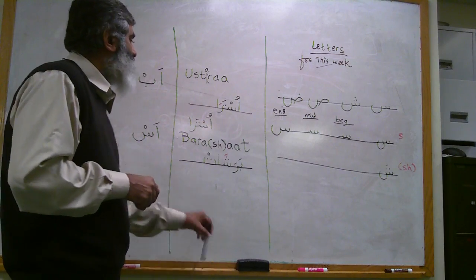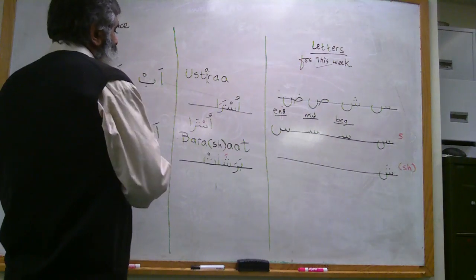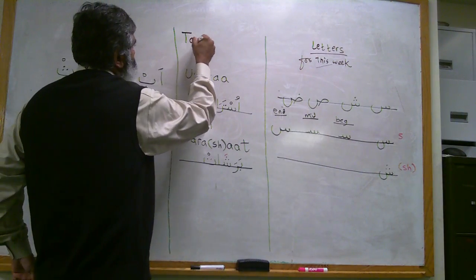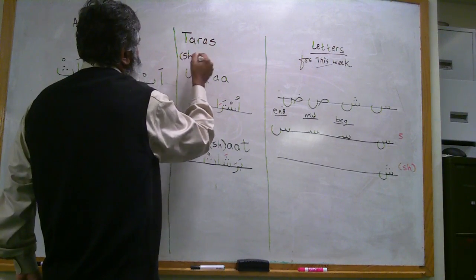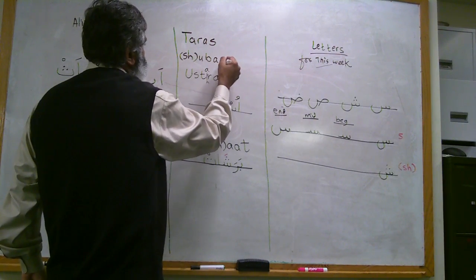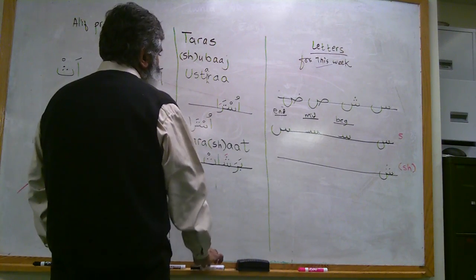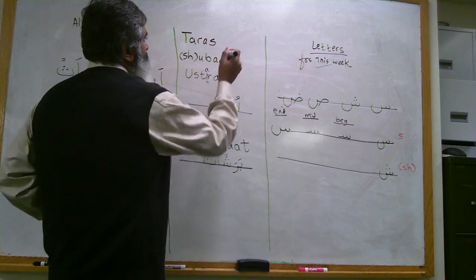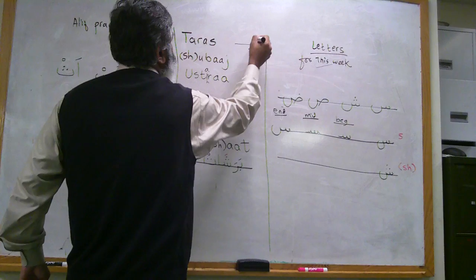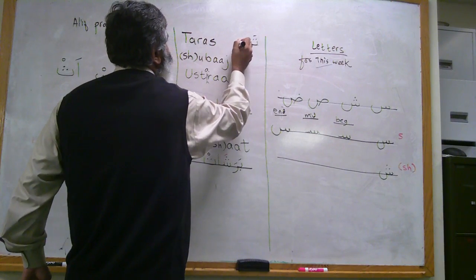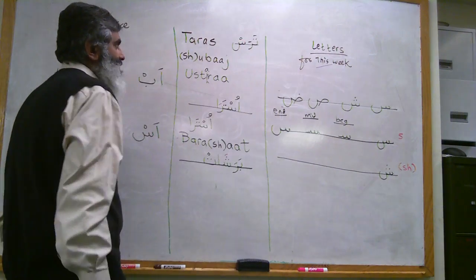Another word we could write. Ta with fatha, Ra with fatha, Seen in the end form wanted to join with Ra but wasn't allowed.